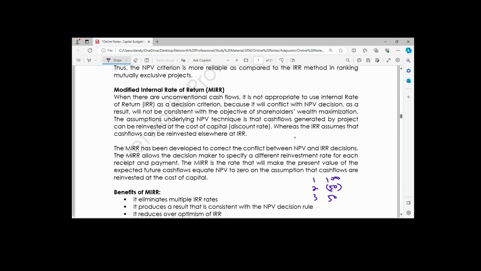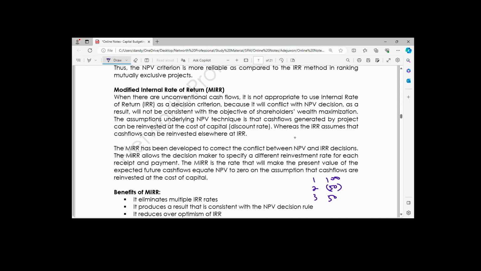the assumption that says that the cash flow generated by the project should be reinvested elsewhere at the company cost of capital. So the same thing the modified internal rate of return is suggesting, because the internal rate of return is conflicting with NPV.